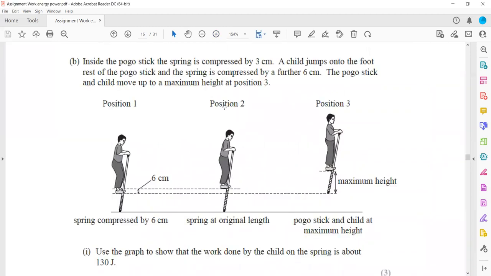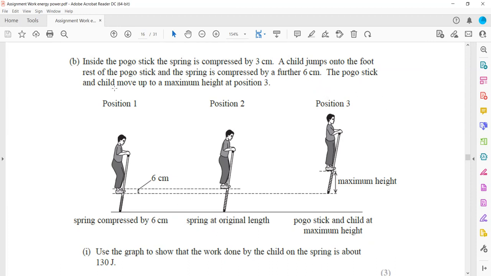In part B, inside a pogo stick, the spring is compressed by 3 centimeter. A child jumps onto the foot rest of a pogo stick and the spring compresses further by 6 centimeter. Already the spring is compressed 3 centimeter, and then when the boy jumped on the spring, it compressed by 6 centimeter.